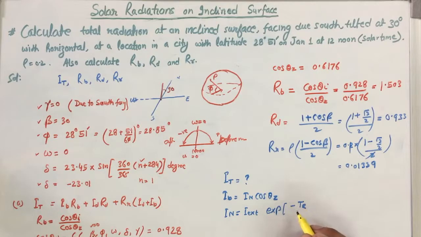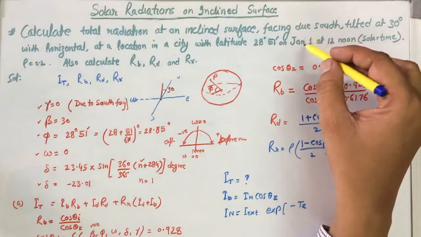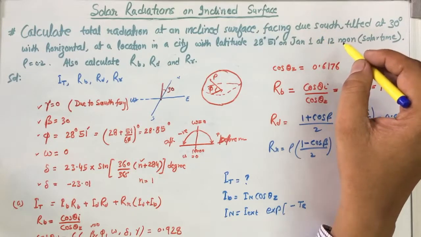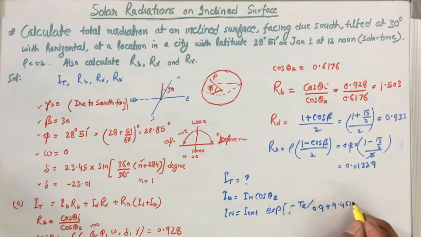If it is not provided, then you can find it at any particular location, on any particular day of the year, at any particular time. So on the basis of that you can find TR divided by 0.9 plus 9.4 sine alpha.